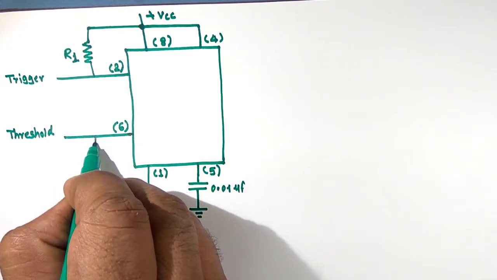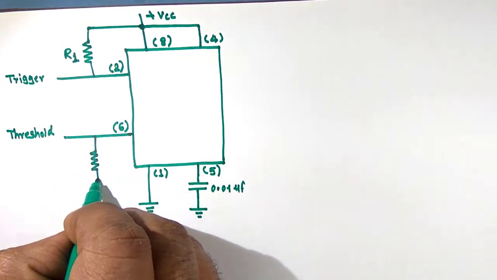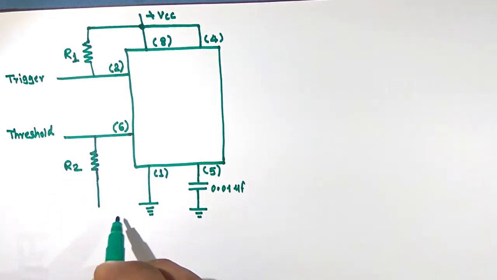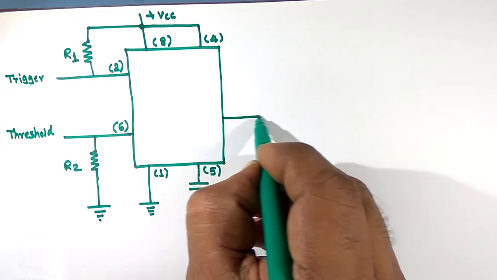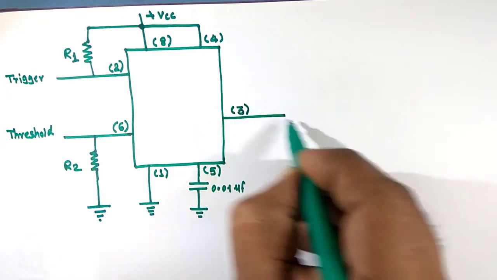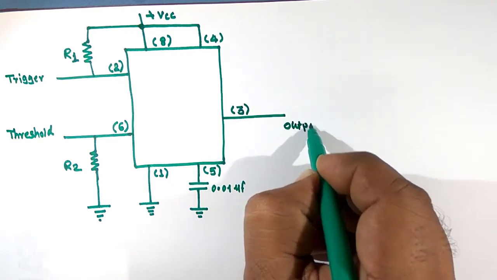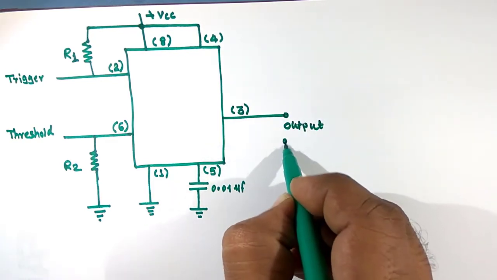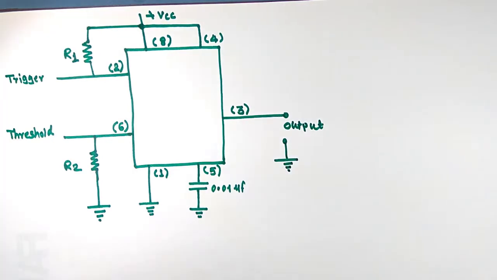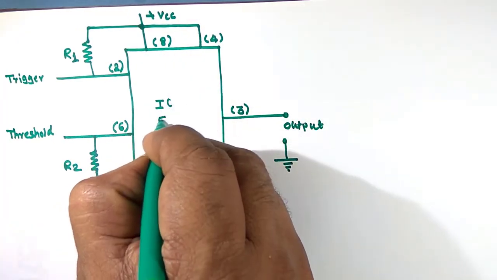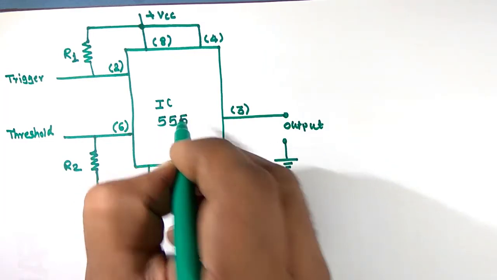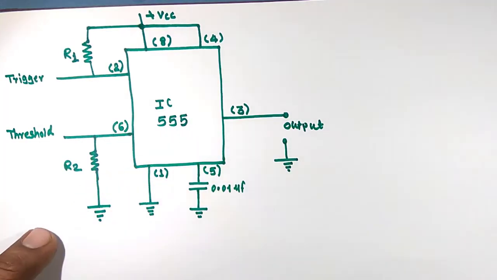Pin number 6 is connected to ground through resistor R2. Output is taken at pin number 3, with respect to ground. And this is IC555 timer. Hence, this is the circuit used for bistable multivibrator using IC555. Now let us see how it works.